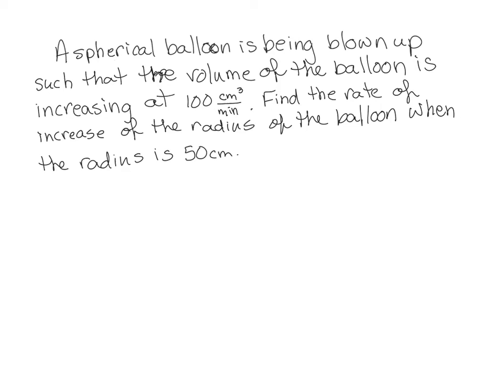Okay, we have to know some geometric formulas here. So the volume of a sphere is 4/3 pi r cubed. So we're told that the volume is increasing. In other words, the volume is changing with respect to time at 100 cubic centimeters per minute. Minute seems like a long time, but we're just going to go with it.